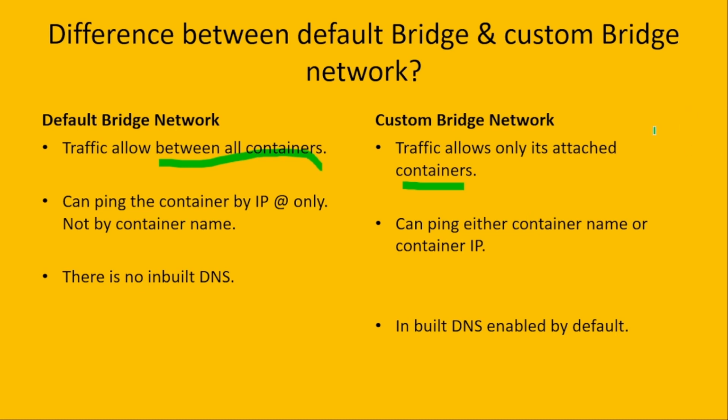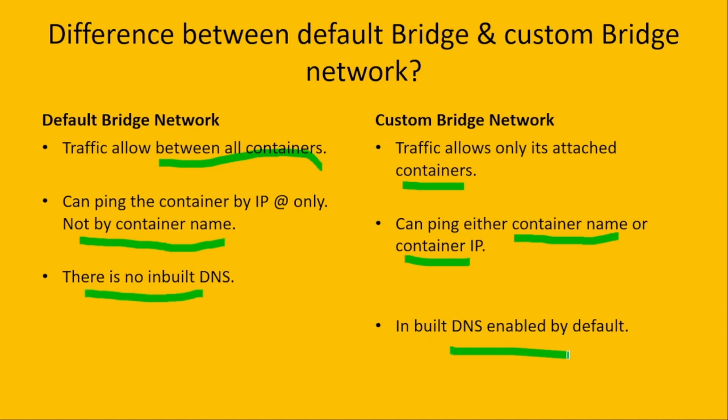Can ping the container by IP address only, not by name, container name. Can ping either container name or IP address because of the DNS. There is no inbuilt DNS, so inbuilt DNS enabled by default. So these are the basic difference between default bridge and custom bridge network.